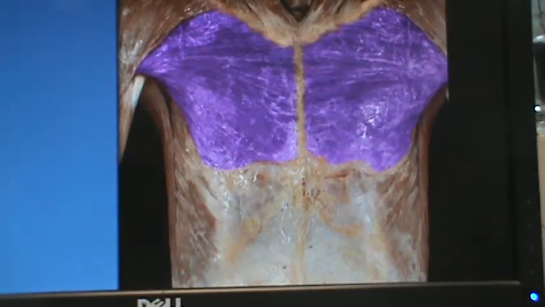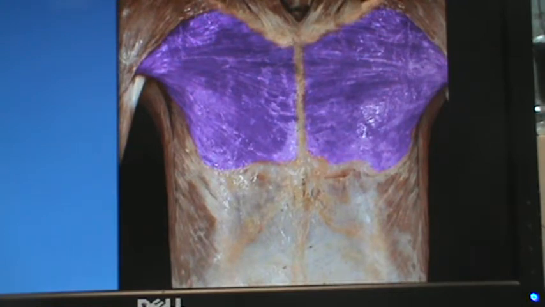Okay. How about that one? What would you guess the origin would be on that one? That would be clavicle, sternum. What would be the insertion on this one?